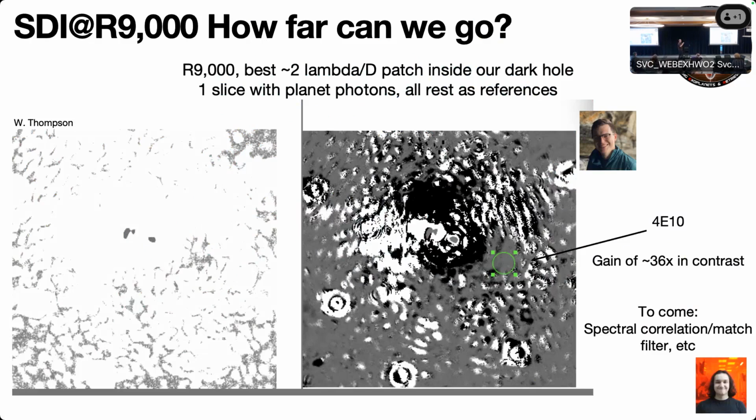So this is like this crazy optimal planet that's super bright in monochromatic light, and we're using the rest of the cube to post-process and subtract. Still does not work. We're getting about 4 times the 10 contrast, which is pretty good, but only again about 36. So there's a lot of chromatic information in there that we still need to understand.